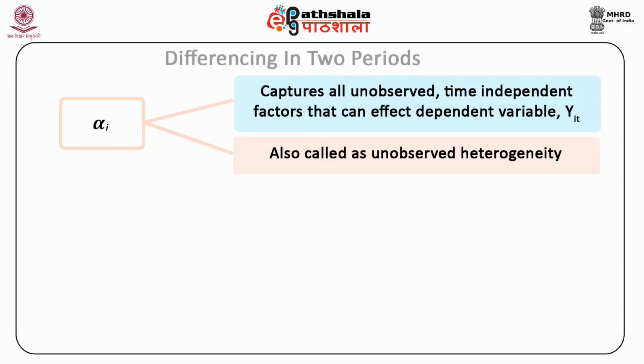Model 1 is called the fixed effect model or unobserved effect model since it captures the unobserved effect alpha_i.